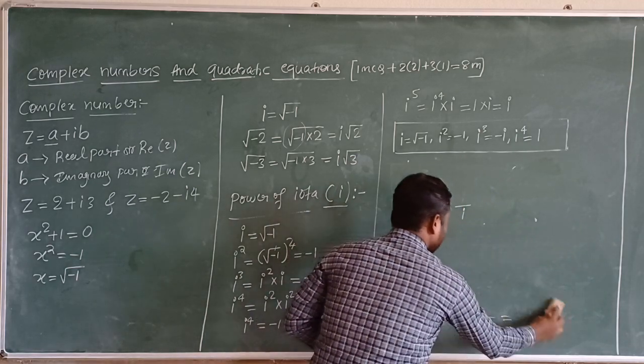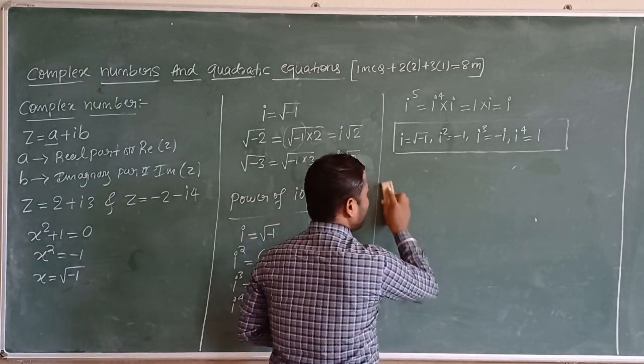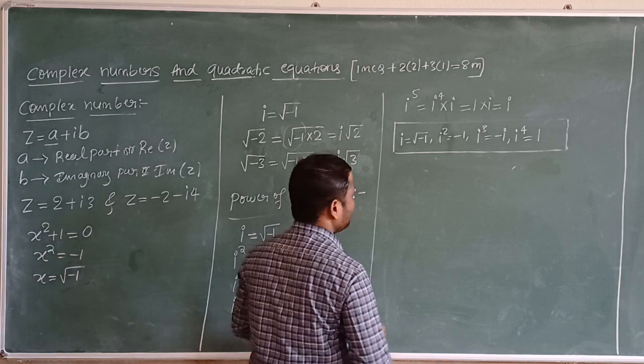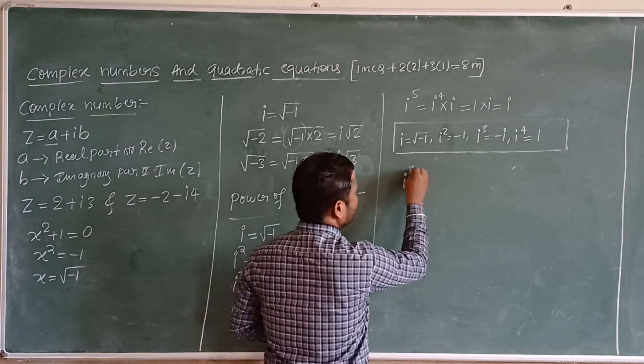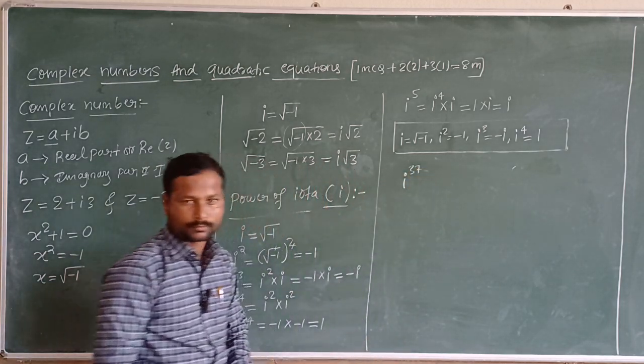Take another question here, iota power 37. How can we find this out?